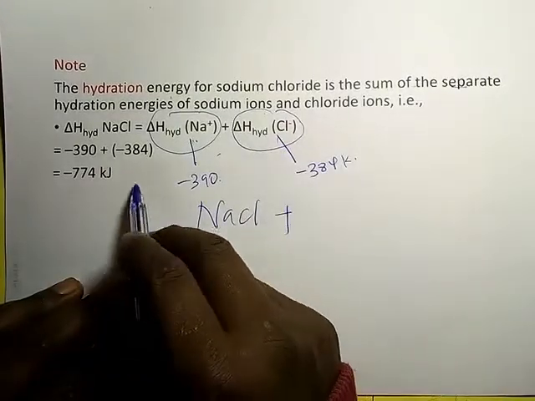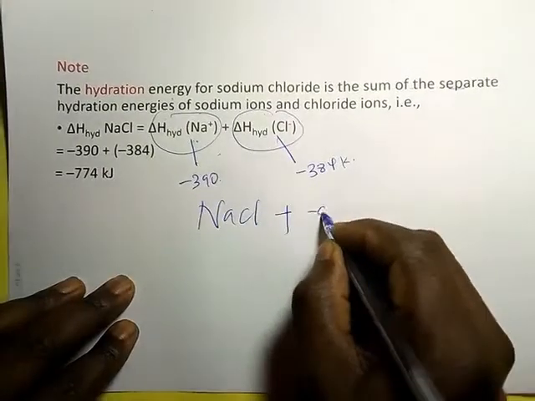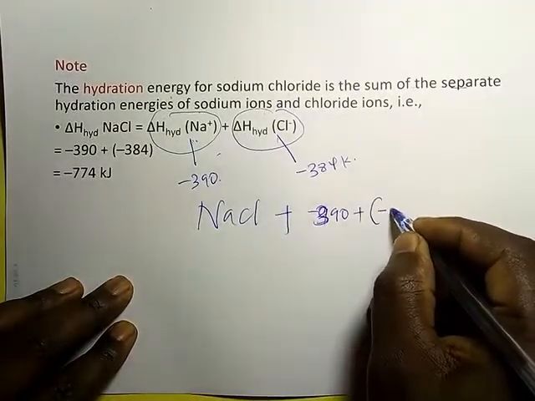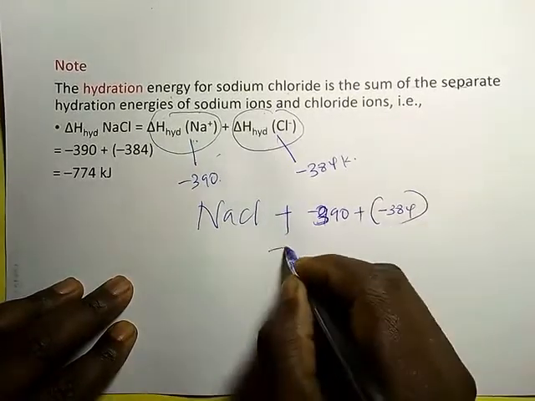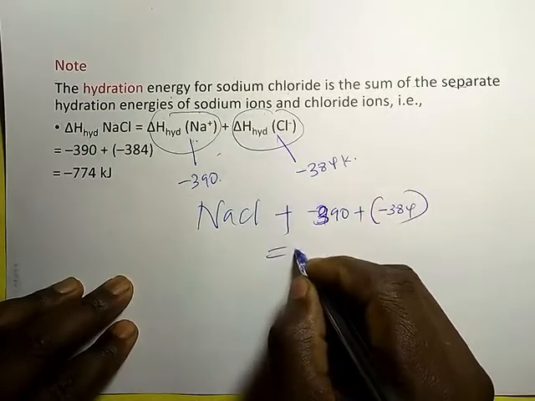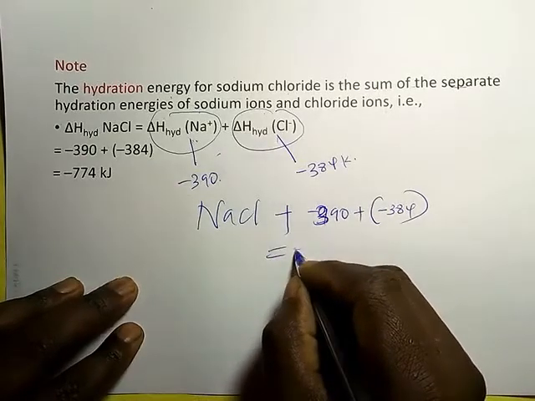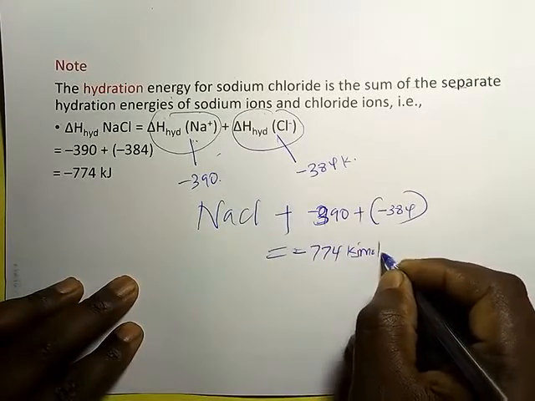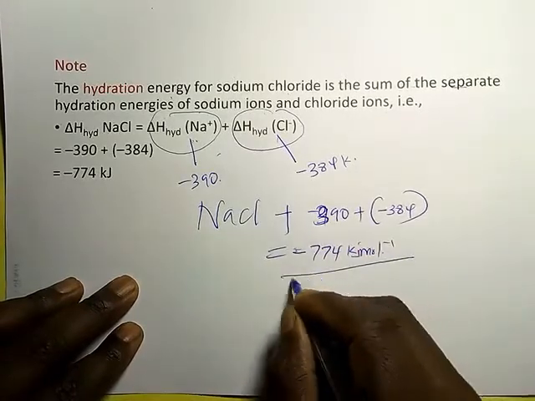You add the two, and you find that the total energy of hydration is negative 4 kilojoules per mole.